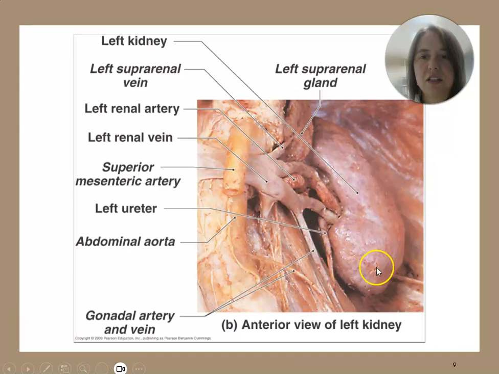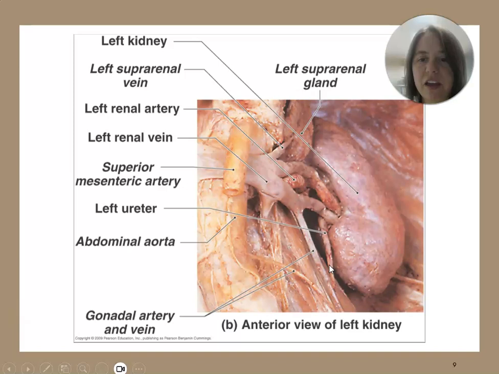Okay, so let's take a look at a kidney. We can see here is the kidney. You can see up here, this is the top, so the adrenal gland would be up there. You can see the ureter right here. So there's the ureter.